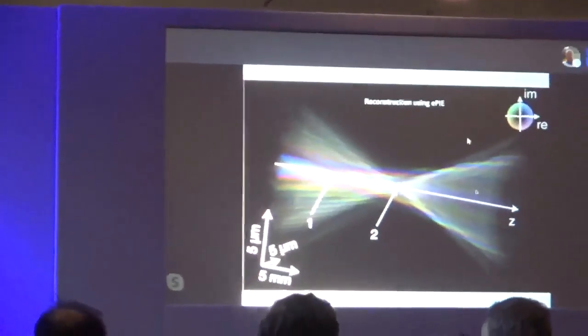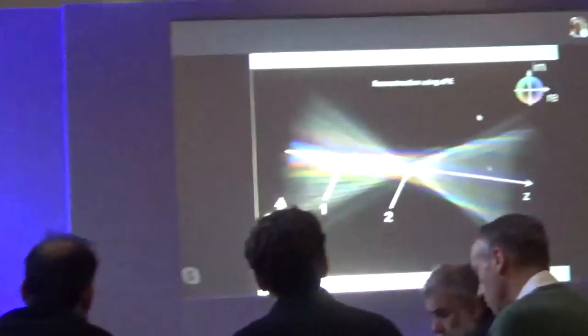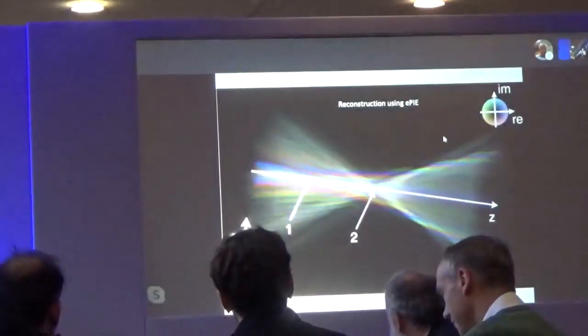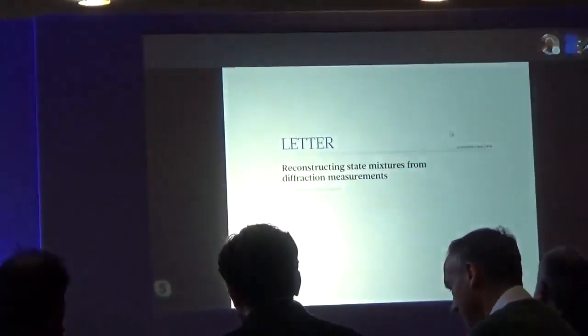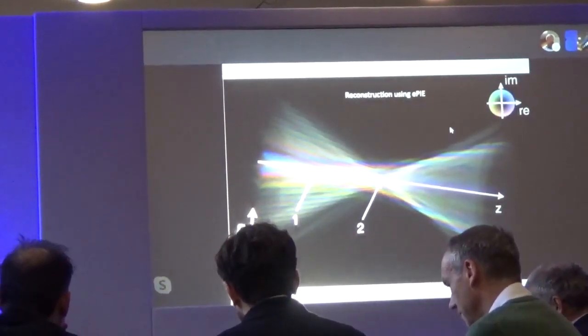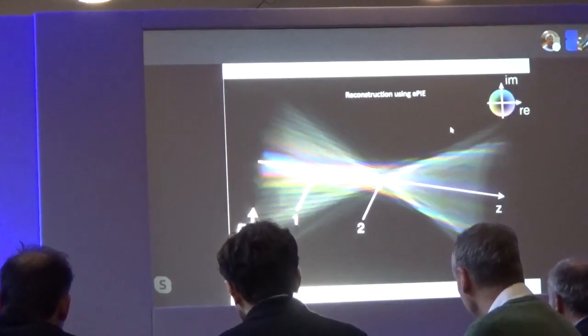So in other words, you can characterize your optics. And I think that's the major application. Notice that on this scale, the horizontal direction is 5 millimeters, and the vertical and lateral is 5 microns.